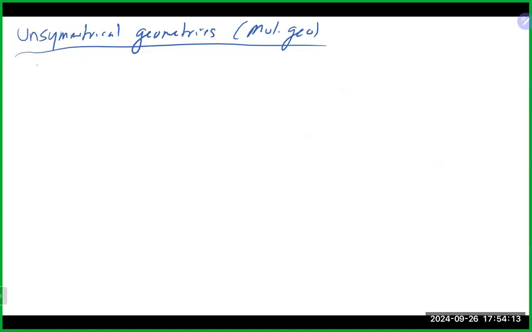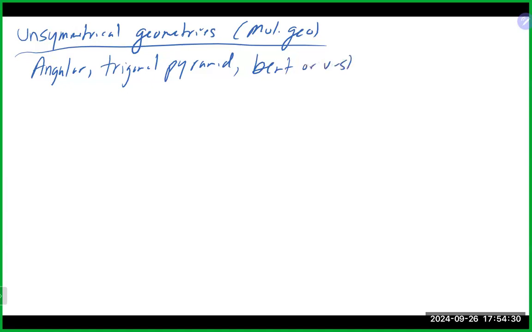We have our angular, we have our trigonal pyramid, we have our bent or V-shaped, we have our T shape, we have our seesaw, right? We have our square pyramidal. Feel like I got them all, hopefully.